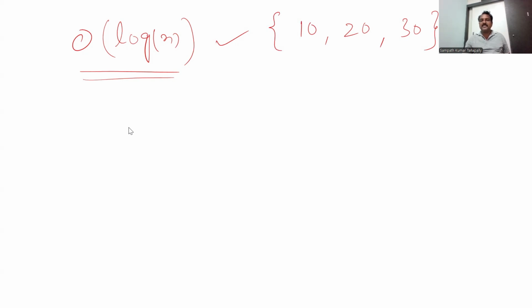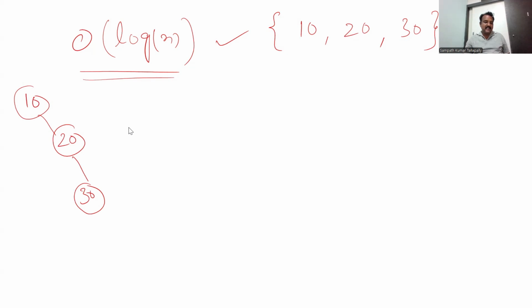Because we have only 3 elements here, on the board we can construct the trees. If I take 10 as the root element, then I have 20, and then we have 30. It is one form of binary search tree.